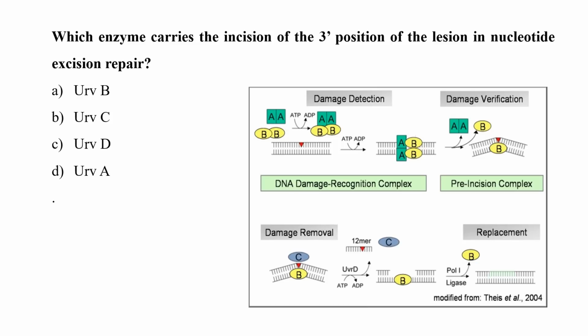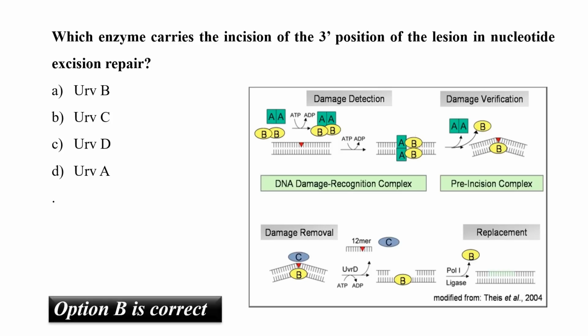Now the DNA which is opened up is filled in by the polymerase, and finally ligase ligates the two strands. So endonuclease UvrC actually causes the incision at the 3' position of the lesion in nucleotide excision repair.